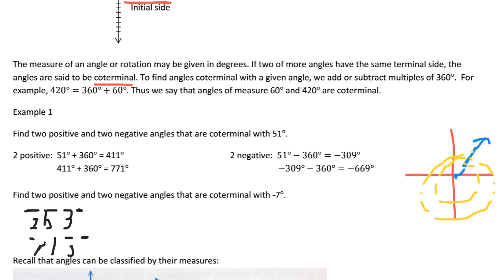Sorry, you can't read these very well; same problem with the pen in this thing. For the negatives, we're doing negative 7 minus 360, which is negative 367, and minus 360 again gives us negative 727 degrees.